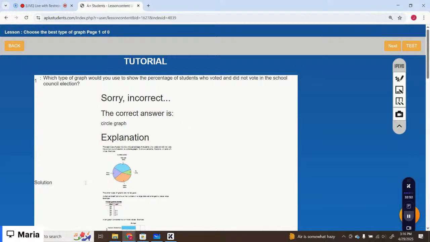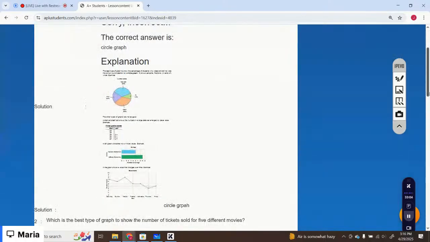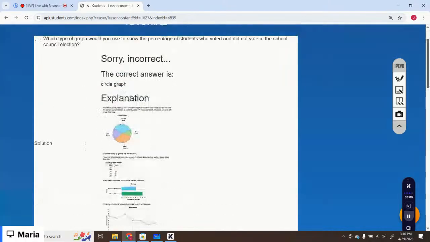So you have to see which graph you are going to use. Then you have to represent the data of the students who voted and who did not vote, right? So the correct option is circle graph.